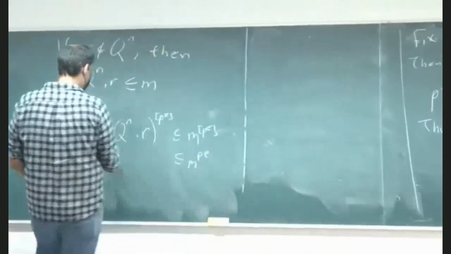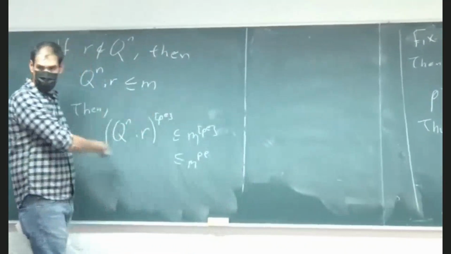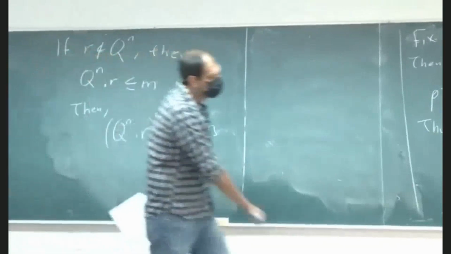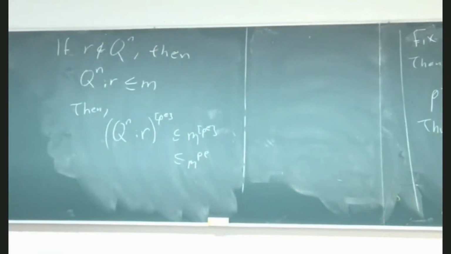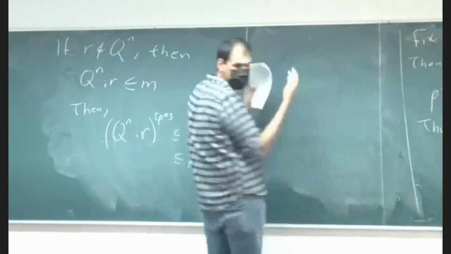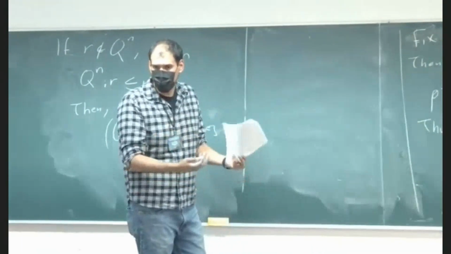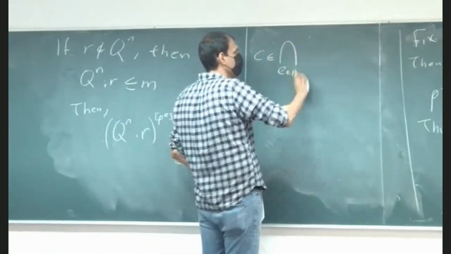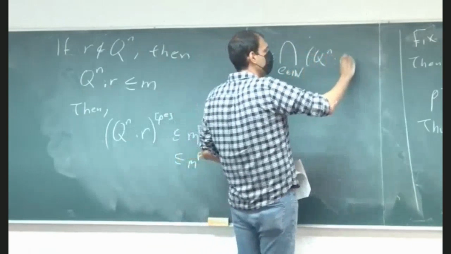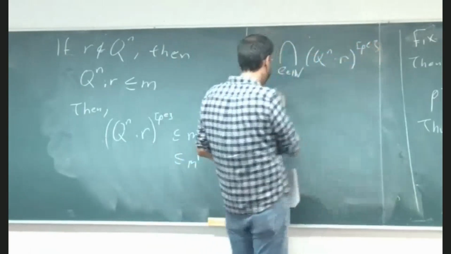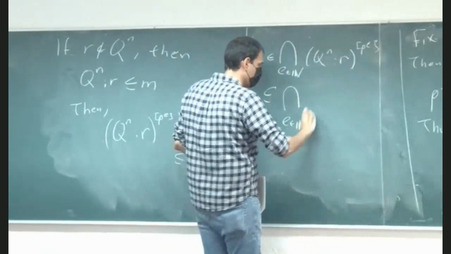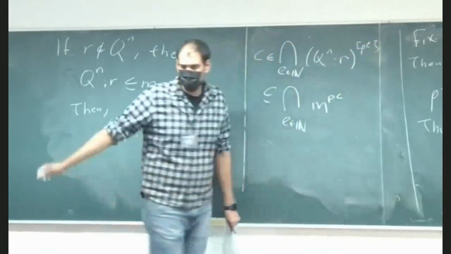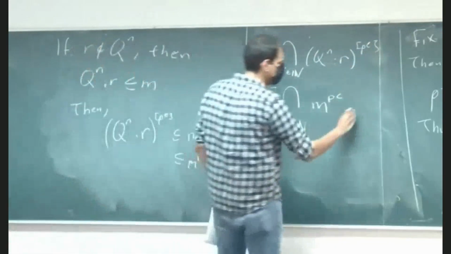But we have that C wasn't here. C isn't here. And C does not depend on E. So let's forget about our temporal assumption on E. We can do that because how we choose C does not depend on E. So we have that C is inside the intersection over E of Q to the N R bracket P to the E, and this is contained in the intersection over E of M P to the E. So by Coulomb intersection theorem, this is equal to 0.